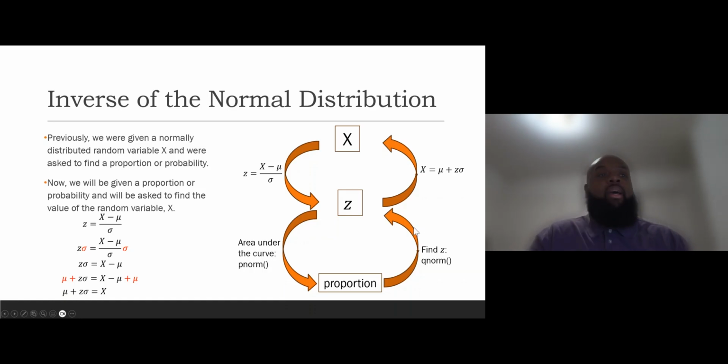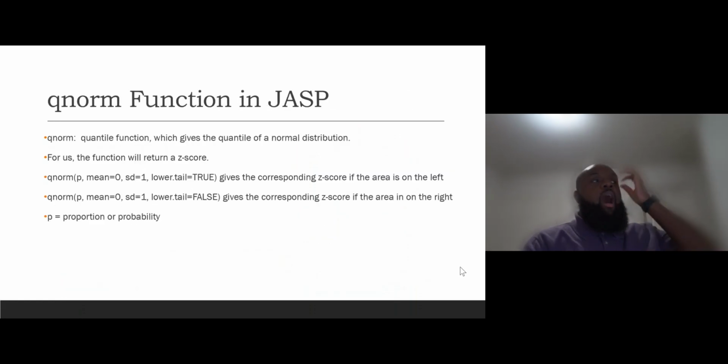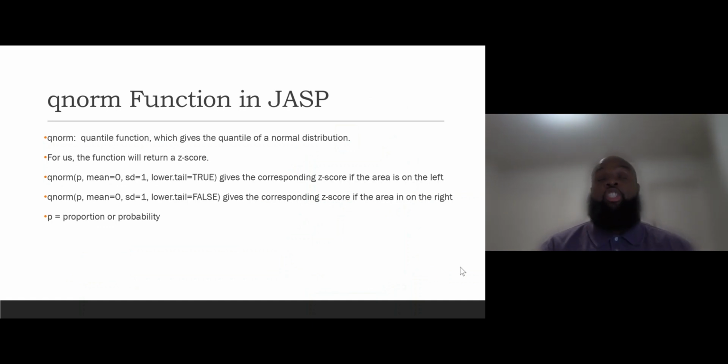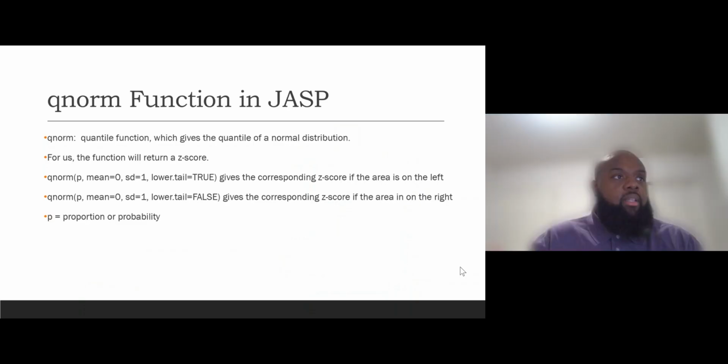All right. I want to go back to this q-norm function because we hadn't used this in JASP just yet. The q-norm function is known as our quantile function. So Q stands for quantile, and it basically is going to give us a quantile of the normal distribution. So what z value is at this point in our normal distribution.